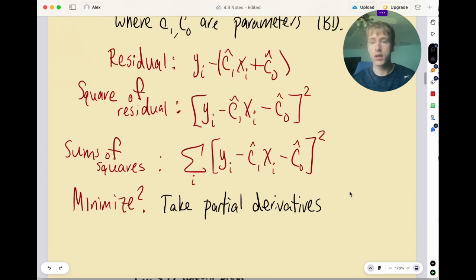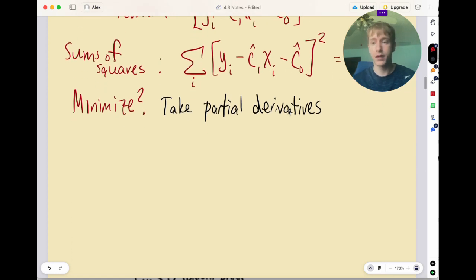And how are we going to do that? Well, we're going to assume that this quantity is just a function of the parameters c0 hat and c1 hat. We're trying to minimize that function. So the idea is going to be to set the partial derivative of f with respect to, say, c0 hat equal to 0, and the partial of f with respect to now c1 hat is equal to 0.